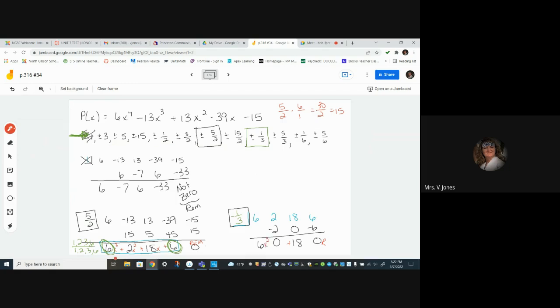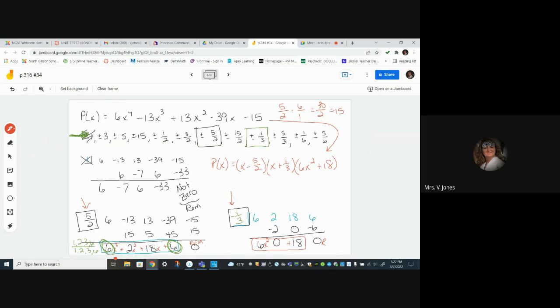So what we actually have right now, if we look at this thing right here and we think about what it factors to, we know that it will factor to x minus 5/2, x minus a negative, which becomes a plus 1/3, and then what we have left is this down here, which is 6x squared plus 18.